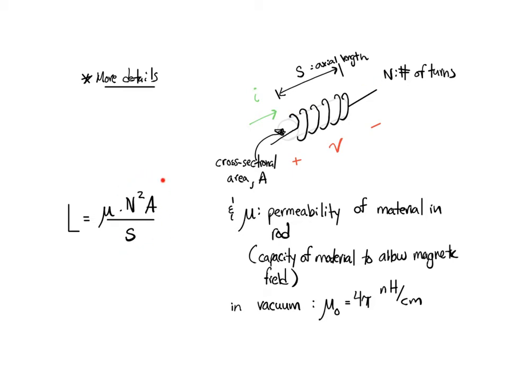And then this physical quantity is multiplied by a constant of proportionality, using the symbol mu, which is what we call the permeability of the material that the rod or the core of the inductor is made out of, which really is a measure of the capacity of the material to allow the magnetic field to literally permeate through the material. And again, we reference permeabilities of materials with respect to that in free space, or vacuum, where mu sub 0 is 4 pi times 10 to some power, in units of nanohenries per centimeter. So in this case, inductance per unit length.